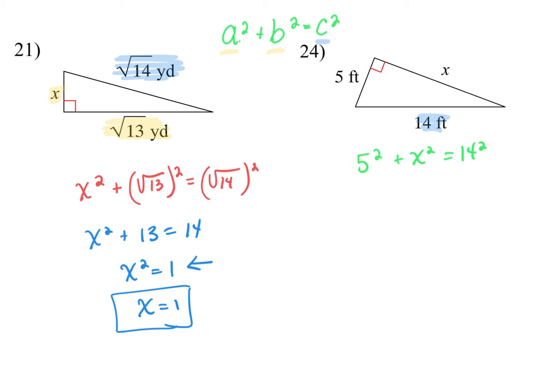All right, so 25, right? I don't think this is going to have a square root. Yeah, it does not have a square root. So in this case, if I wanted you to leave it as a root, you would simplify it as much as you can.